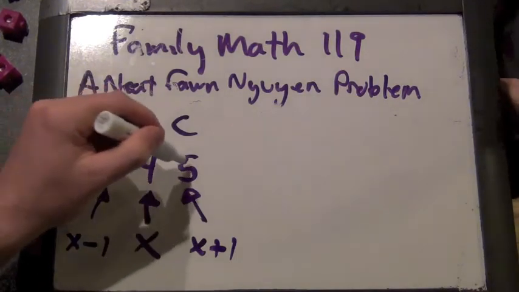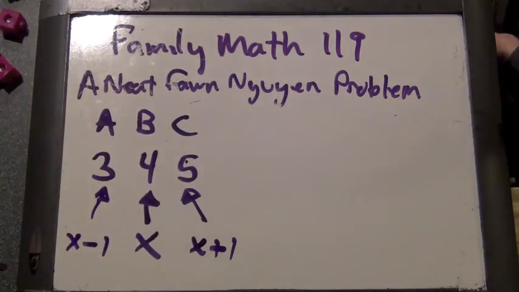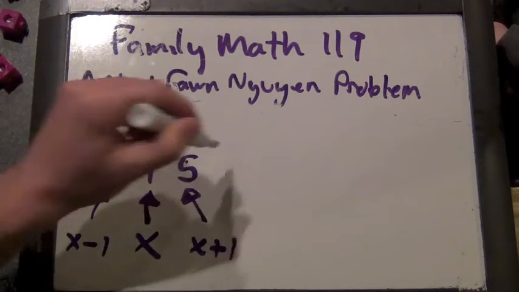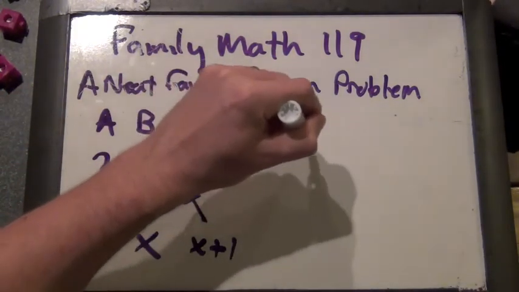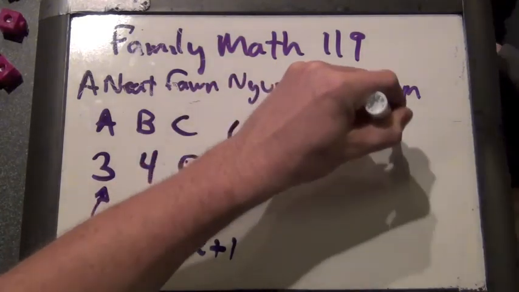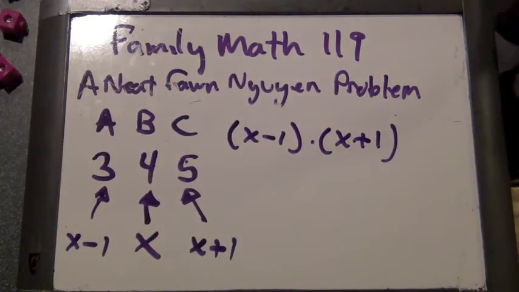So our equation said 3 times 5, which represents what times what here? X minus 1 times x plus 1. And what should that nearly be equal to? Well, it should be exactly equal to x squared minus 1.